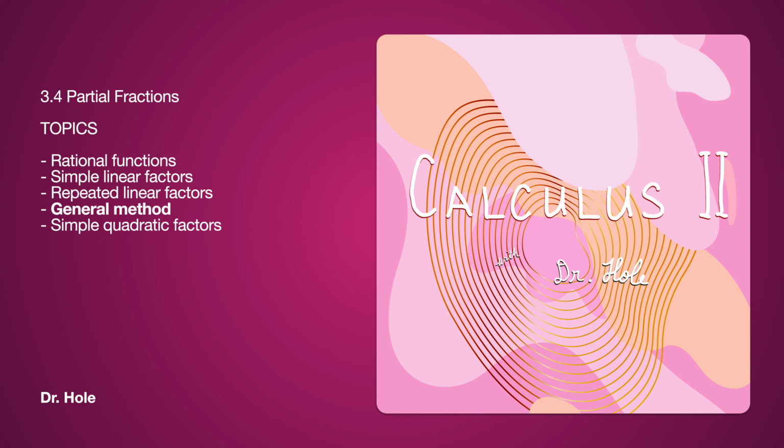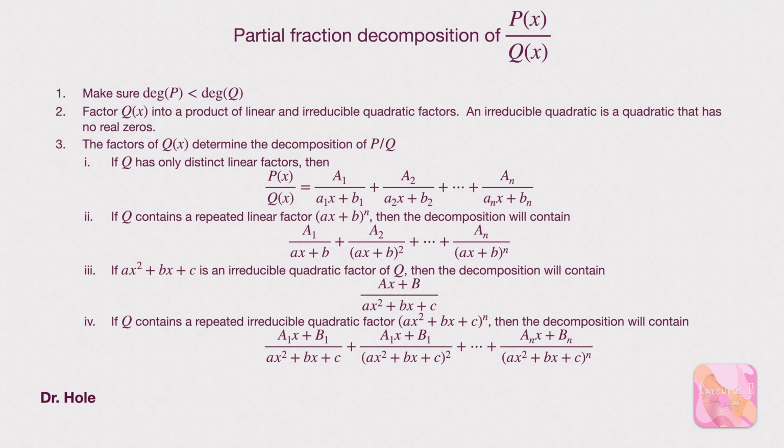Let's make the statement for the general method. To the examples we've done, we'll have to address the case of quadratic factors. Here is the full statement of the general method. It looks like a lot. Let's go through it one by one.